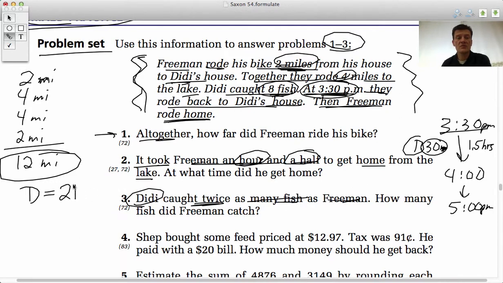And I'm going to put 2 times F, for the F is the number of fish that Freeman caught. So the number that Dee Dee caught, D, is 2 times the number that Freeman caught. Okay? You don't need the multiplication symbol when you've got letters. You can just write a number and a letter right next to each other, and it means multiplication.